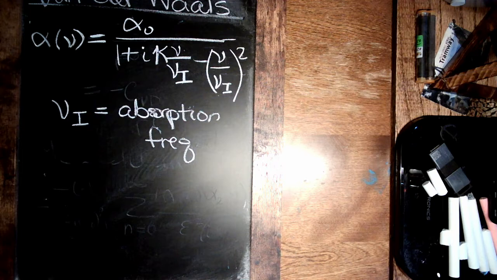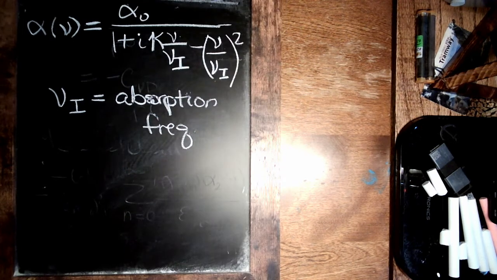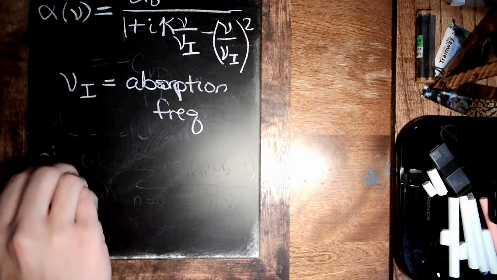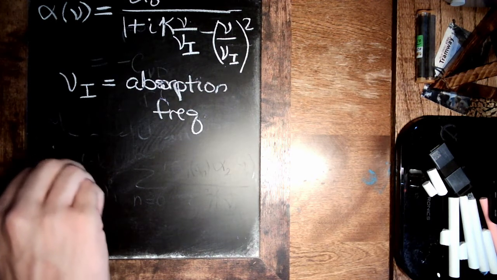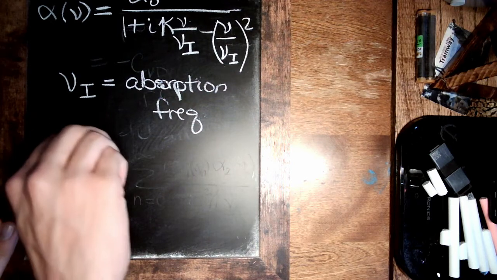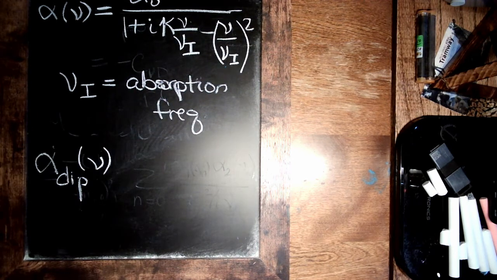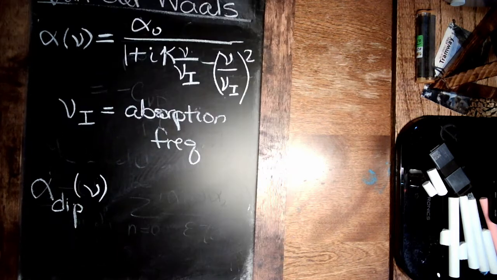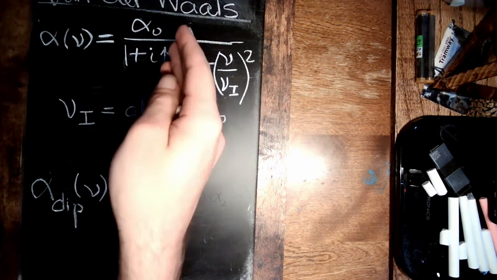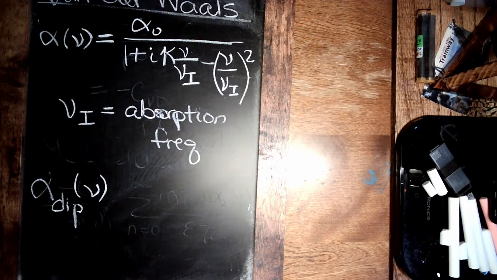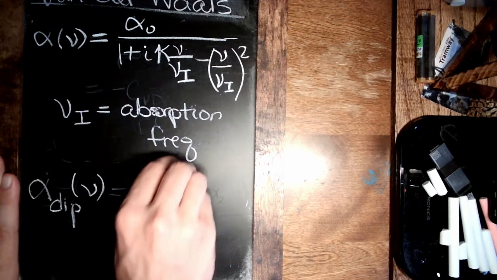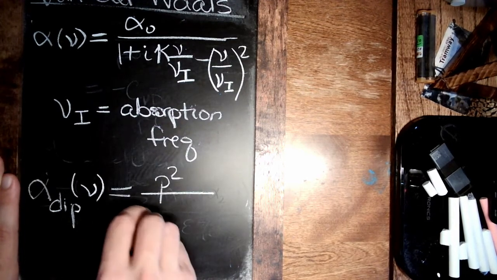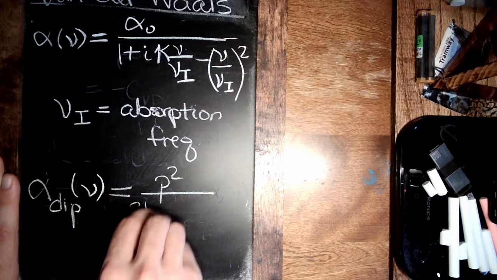And the other expression that we want is going to be the alpha of a dipole. We talk about polarizing a dipole in not just the constant molecules and atoms. In this case, it's going to be the magnitude of the dipole squared over 3 kBT.